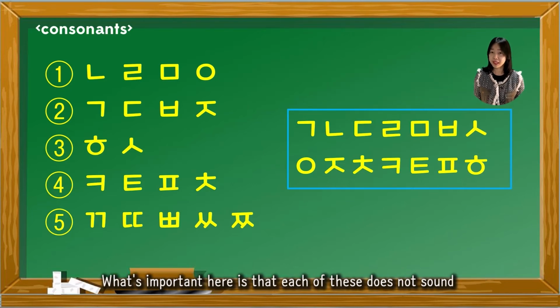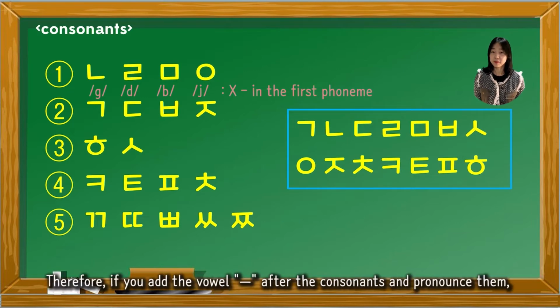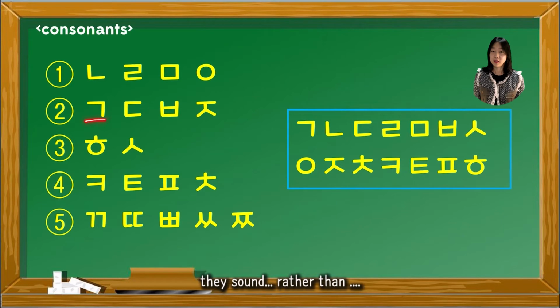What's important here is that each of these does not sound G, D, B, J in the first phoneme. Therefore, if you add the vowel U after the consonants and pronounce them, they sound gu, du, bu, ju, rather than gu, du, bu, ju.